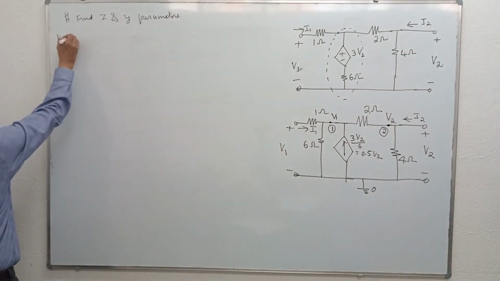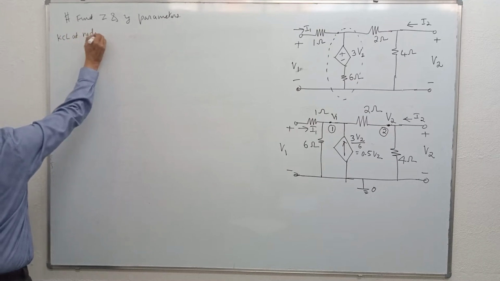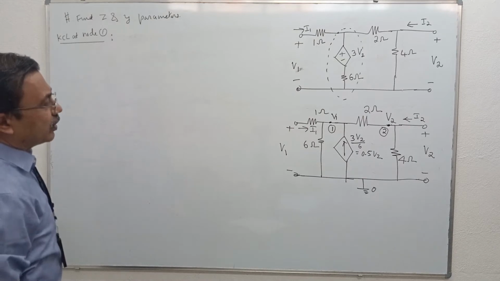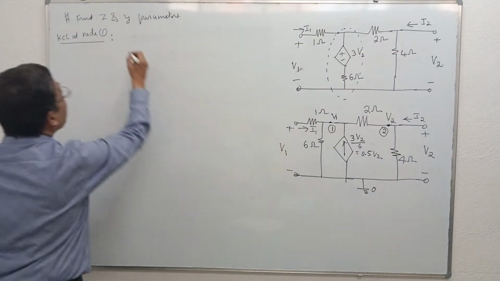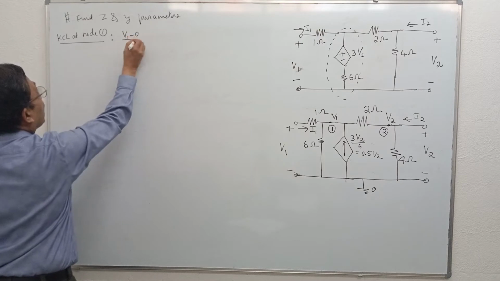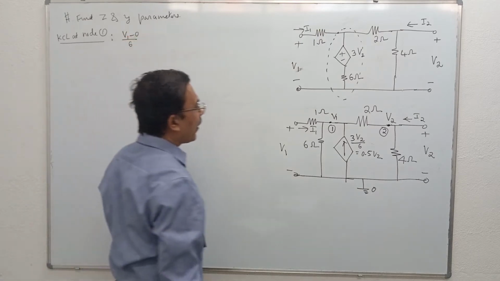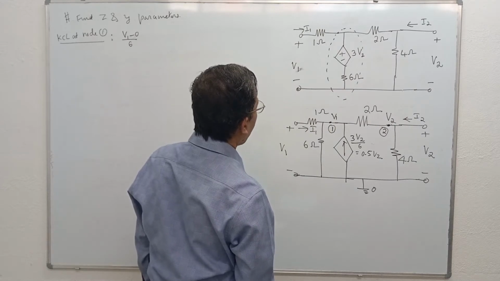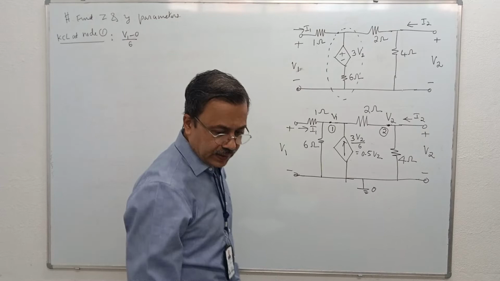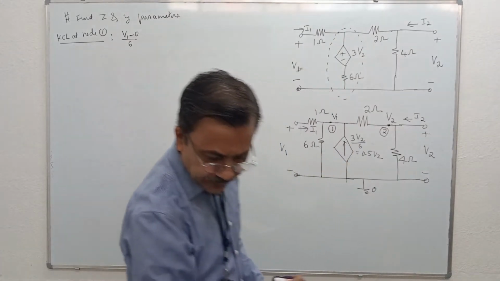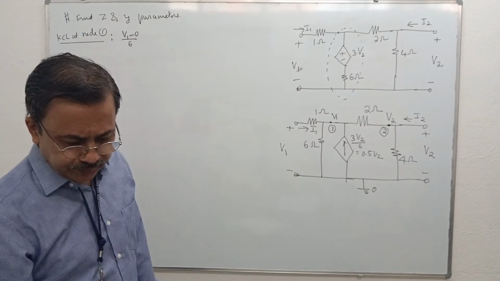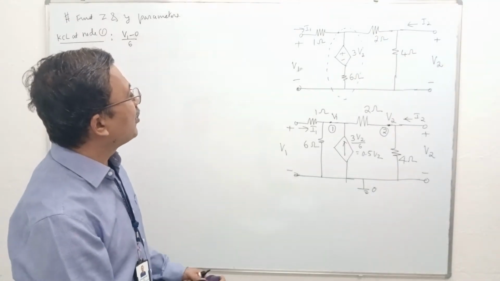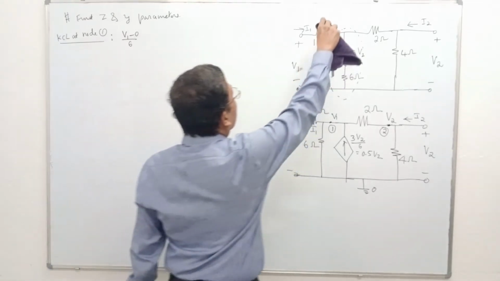We apply KCL at node number 1. Current in the 6 ohm resistor is V1 minus 0 divided by 6. One small mistake I made while writing the problem; there is no unknown here.